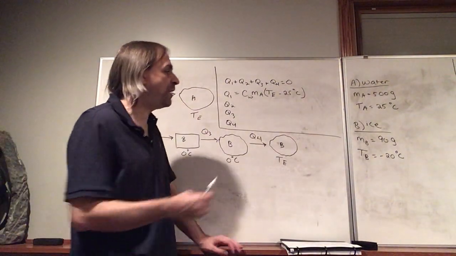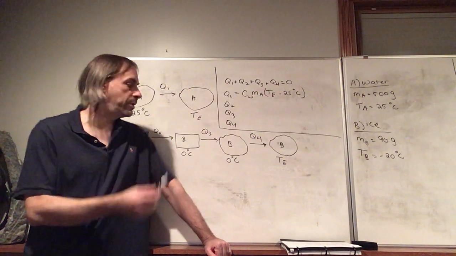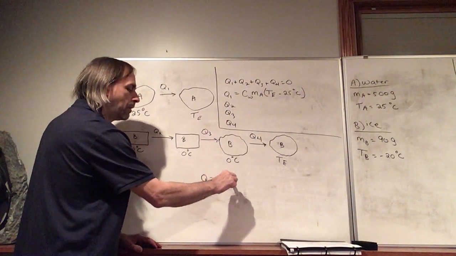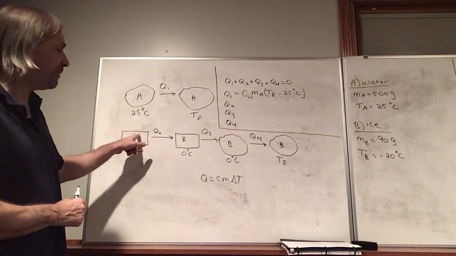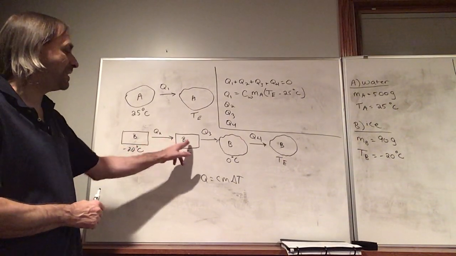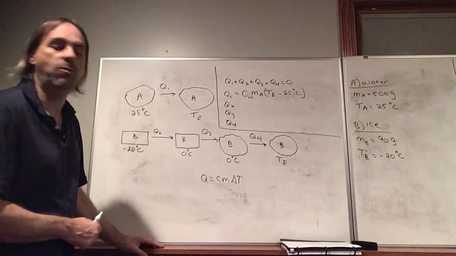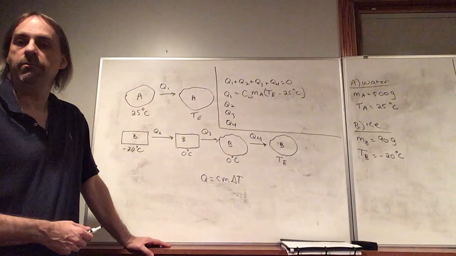So remember, specific heat only applies to temperature changes, when you have Q equals Cm delta T. But here's a temperature change. We also have a temperature change for system B when it's in the ice state. So we have to distinguish which specific heat we're actually going to use in each of these processes.